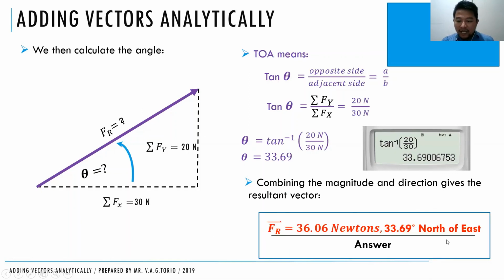Finally, I've chosen north of east as the direction with the value 33.69 degrees to couple it with the magnitude of the resultant force, which we calculated initially, that is 36.06 newtons. So the answer is the resultant force is 36.06 newtons, 33.69 degrees north of east. And that's it. We've calculated through the analytical method, or vector components, the resultant of the two given vectors.